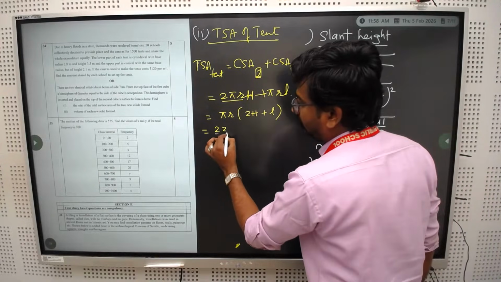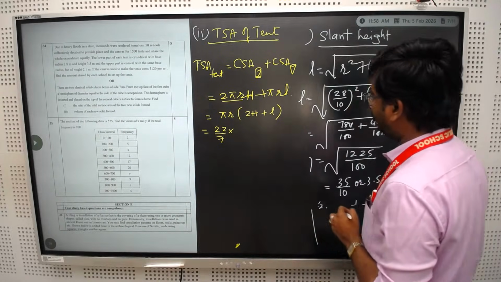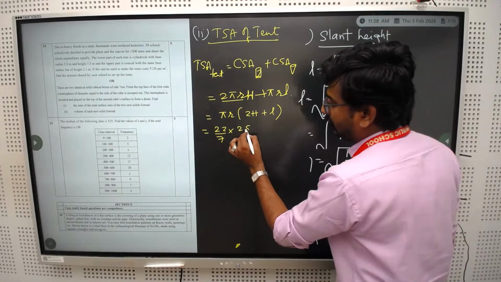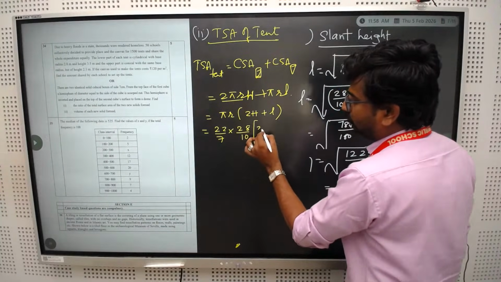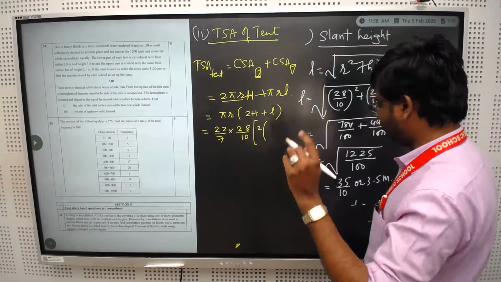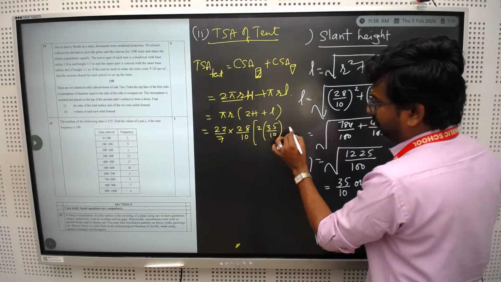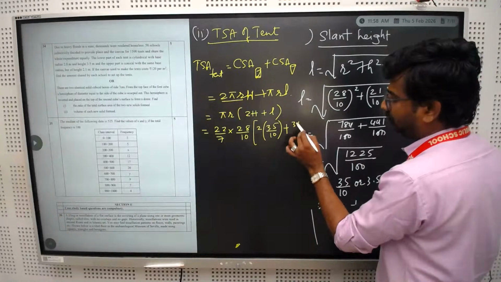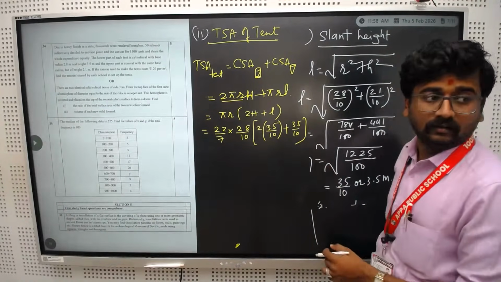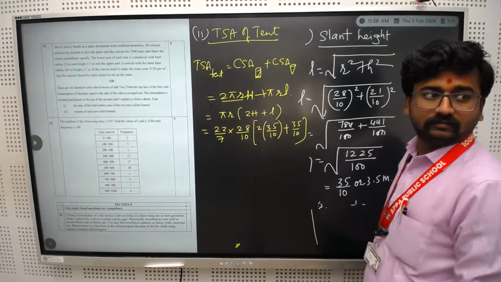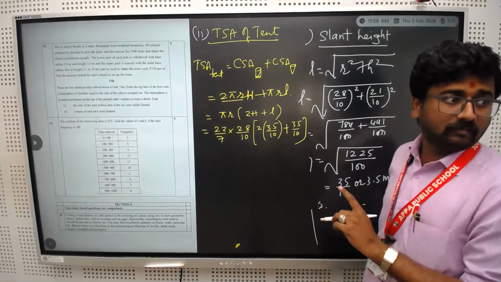Pi value is 22 by 7. Capital R is 28 by 10. 2 into capital H is how much? Can anybody tell? 35 by 10 plus slant height 35 by 10. In a hurry, 2 ones are 2, 5s are. Again you have to take LCM.